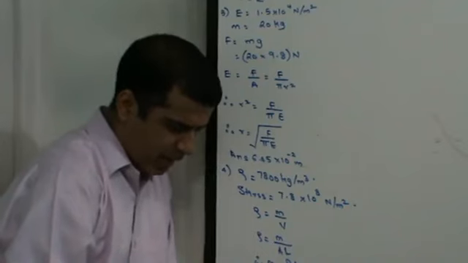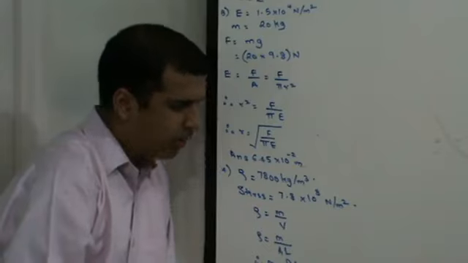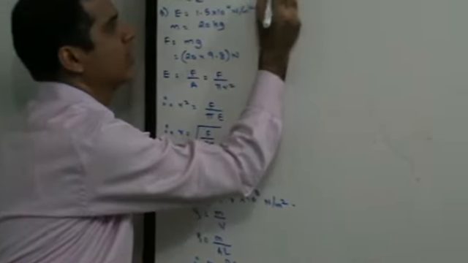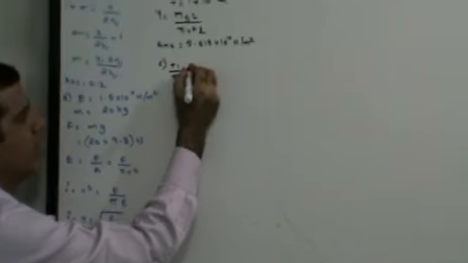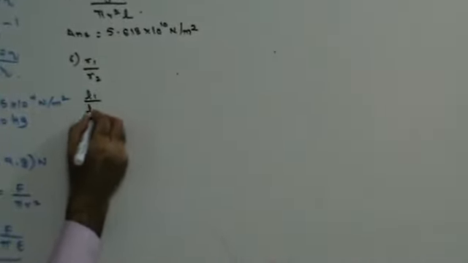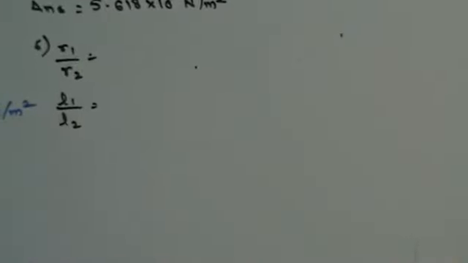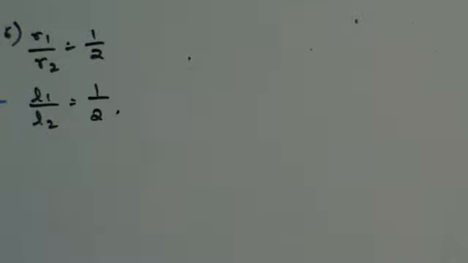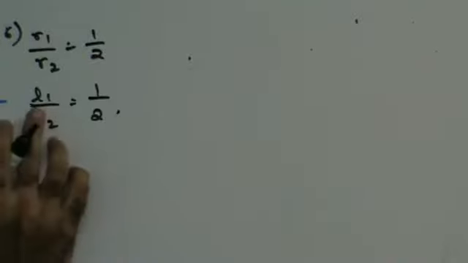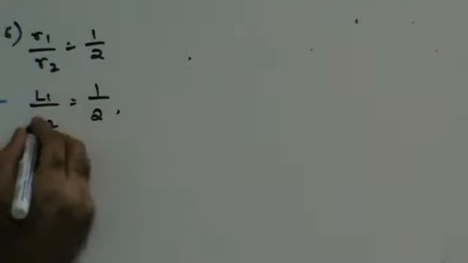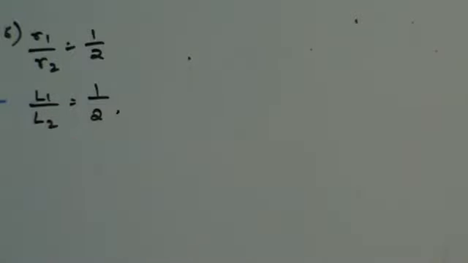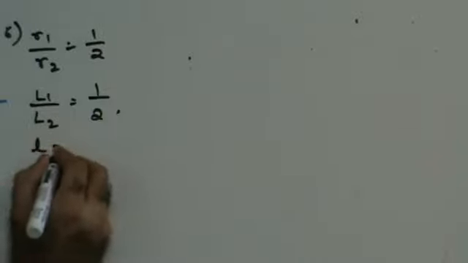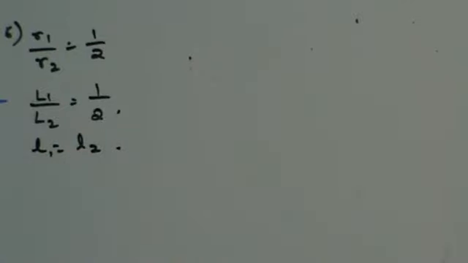Their radii and length are in the ratio of 1:2.